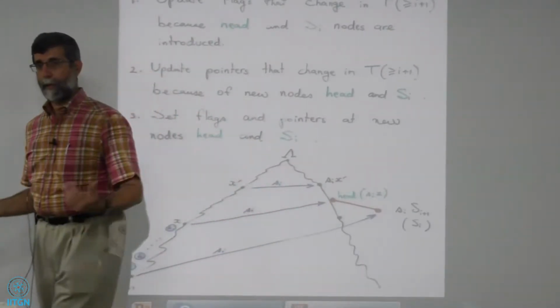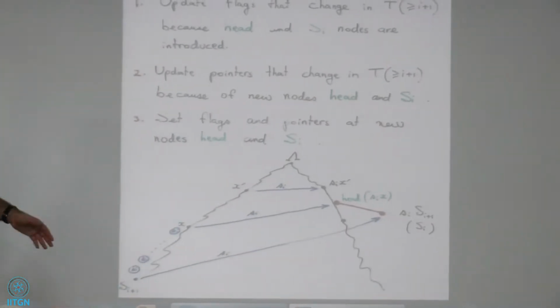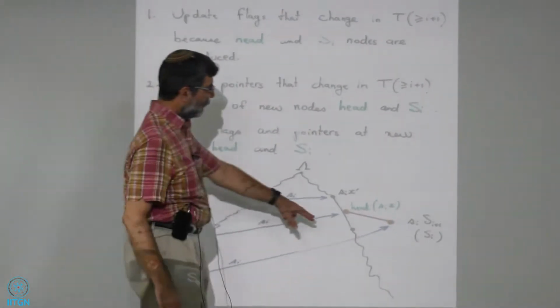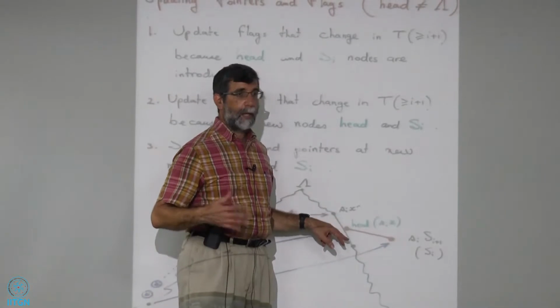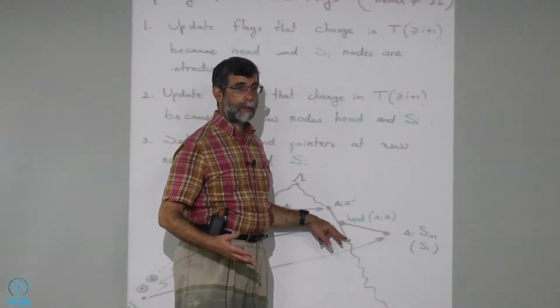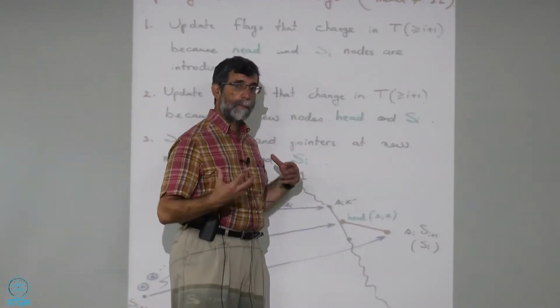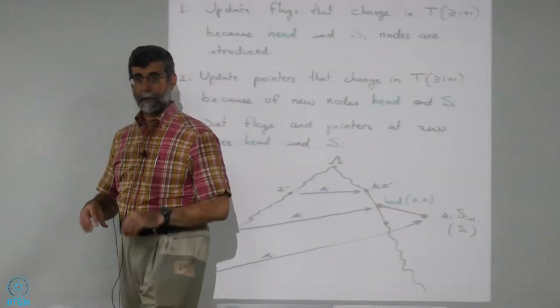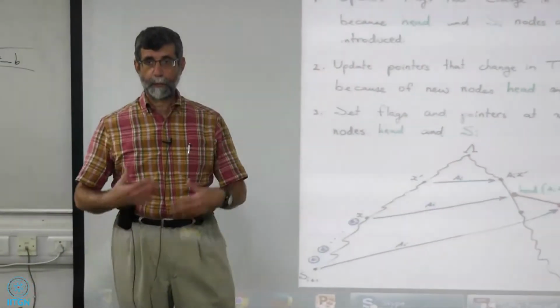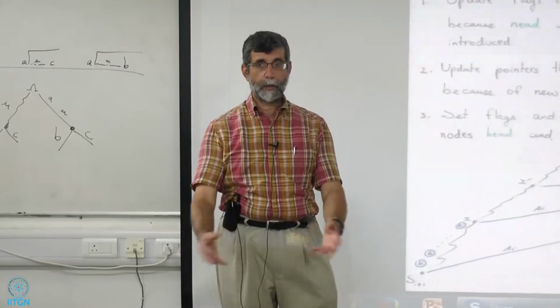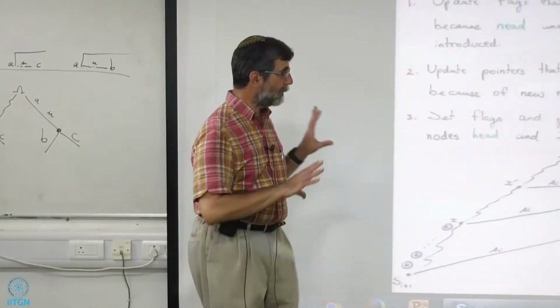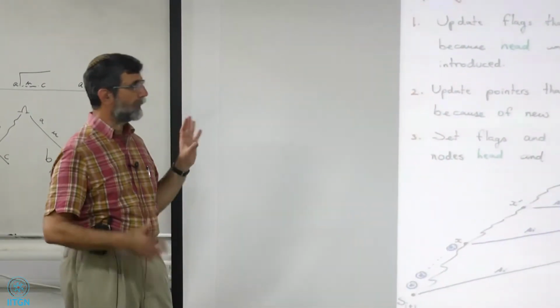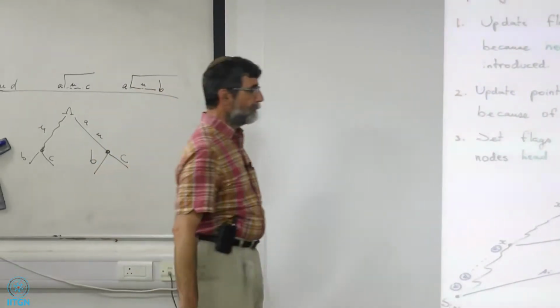So that can't be. Therefore, pointers it doesn't have, but all the flags and all the pointers that were at the node below it, they're all going to imply that he gets flags. So he's just going to copy all the flags and pointers from his child, and that fixes everything for the next step.